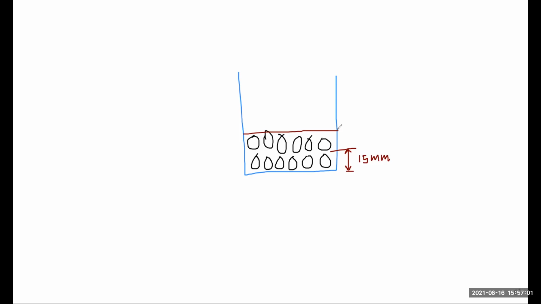After cooling, we again put our aggregate in the bucket and again put the chemical of sodium sulfate or magnesium sulfate. So basically these things are repeated for 5 to 10 cycles.